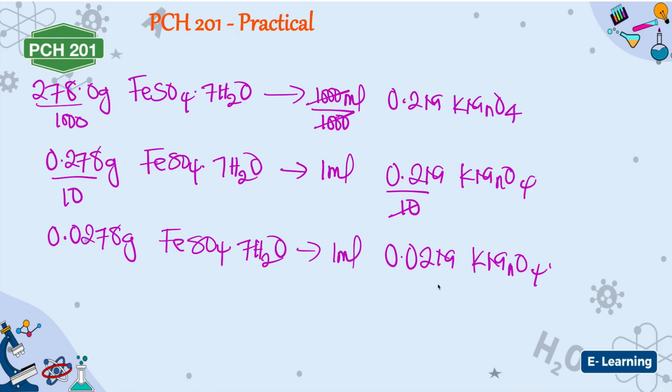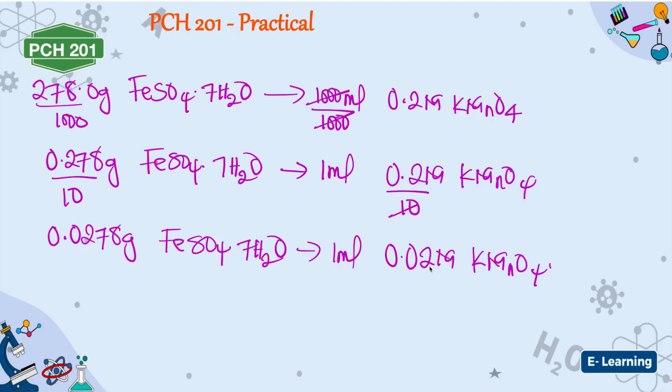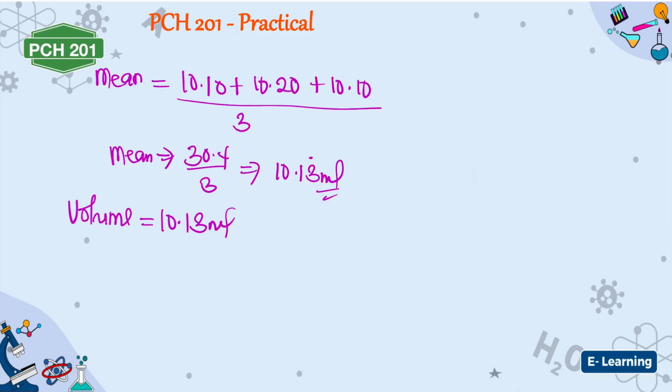So we convert them because what does milli equivalent mean? 1 mil of the concentration of what is given, which is 1 mil concentration of KMnO4 in this case. KMnO4 is 0.02. So 1 mil. What mass of this reacts with 1 mil of this? So this value you have here is your milli equivalent. So we can come here and say milli equivalent is 0.0278 gram. Because as you divide here by 10, you also divide here by 10. Right? That's our milli equivalent.